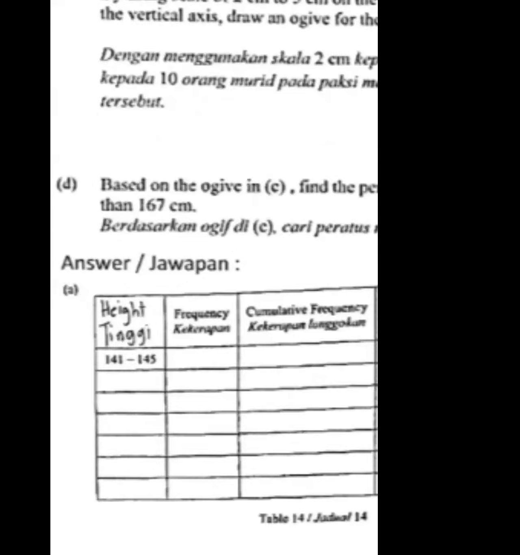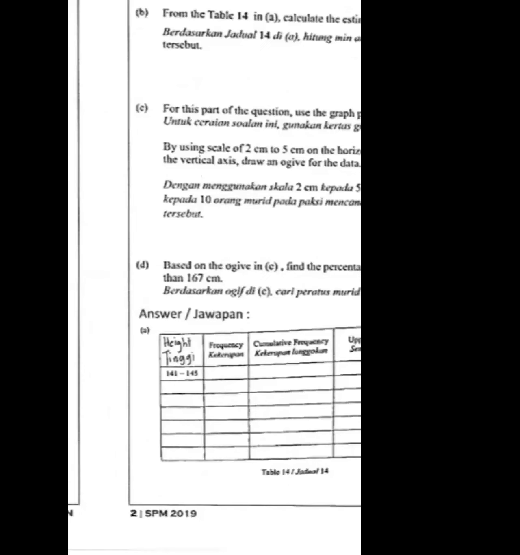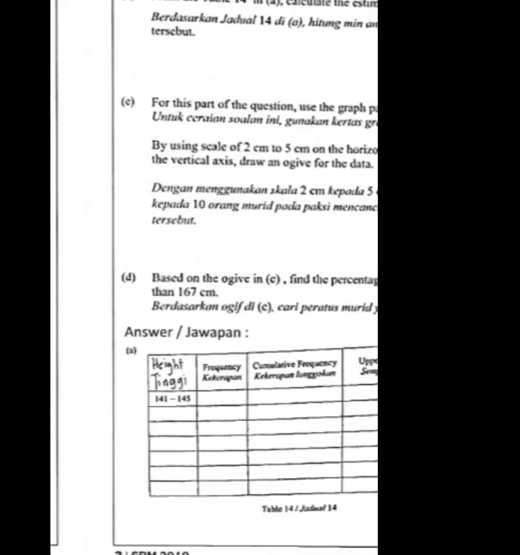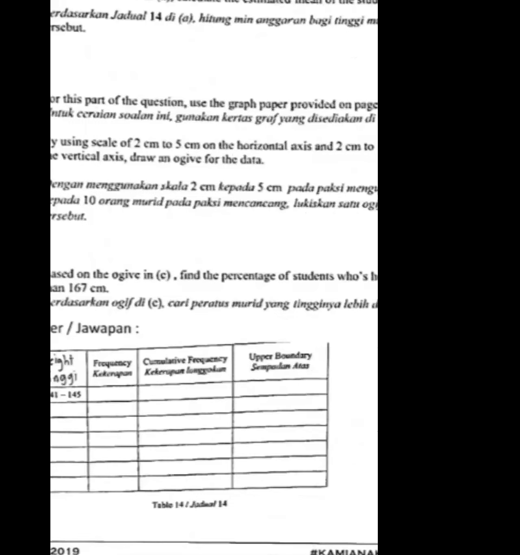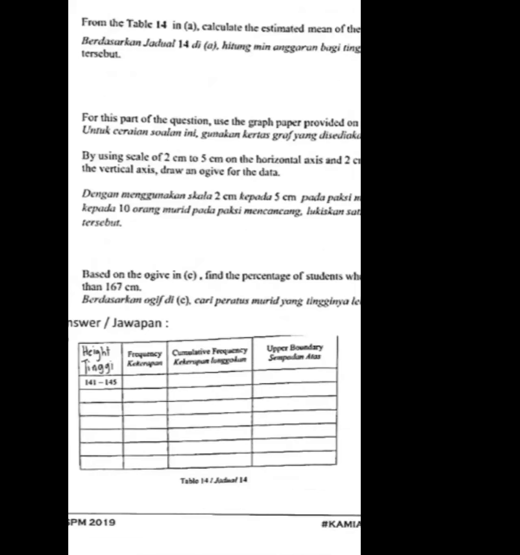For the second column, the height class interval is 146 to 150, and the upper boundary is 150 plus 151 divided by 2, which equals 150.5.